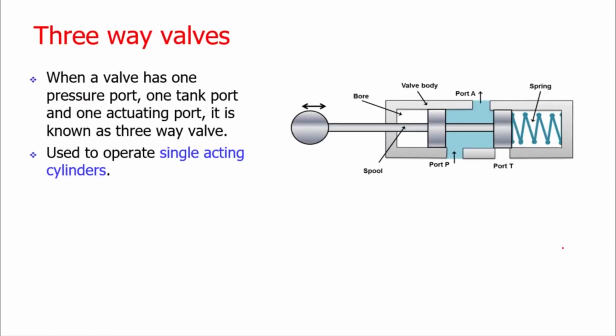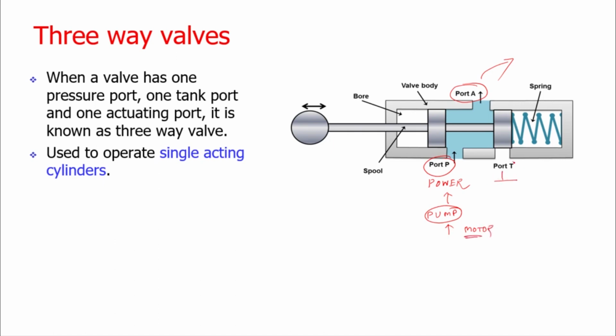The three-way valve, so when we are having three openings, port A is for the application, port P is the power port through which we are applying the pressurized fluid, which is connected to the pump. Pump is operated by the motor.